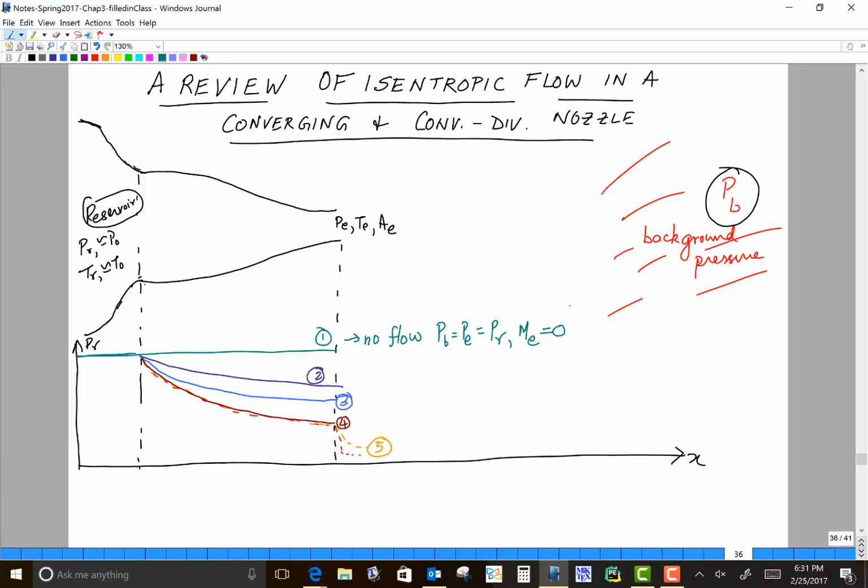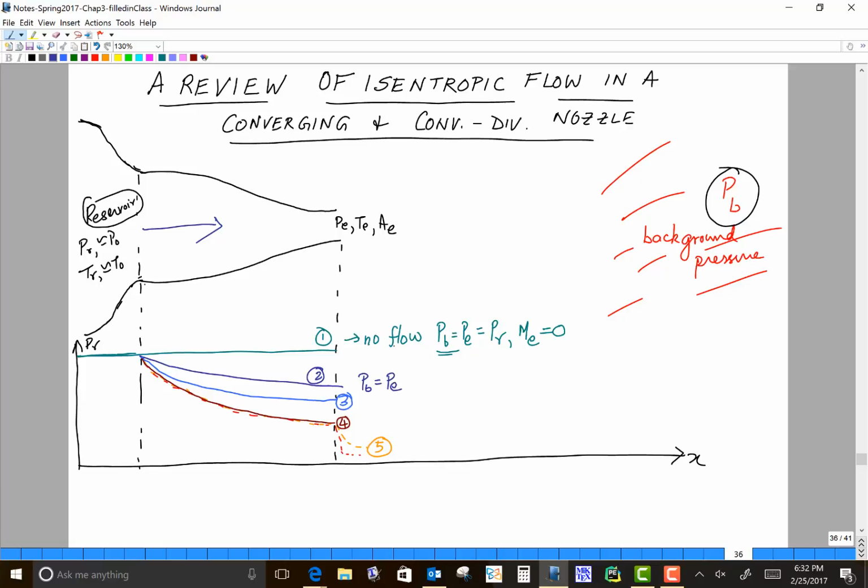So now, instead of having PB equals PR, I reduce my PB a little bit. So now my PR is higher than PB, which means the flow is going to happen from left to right in the nozzle. And when that happens, my back pressure will be the same as the exit pressure.